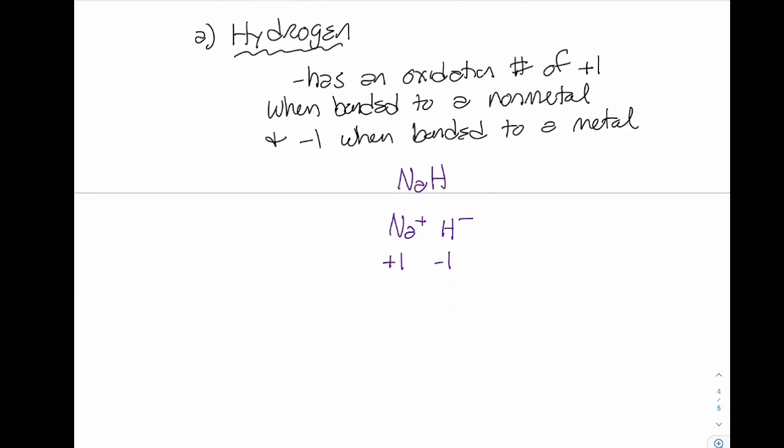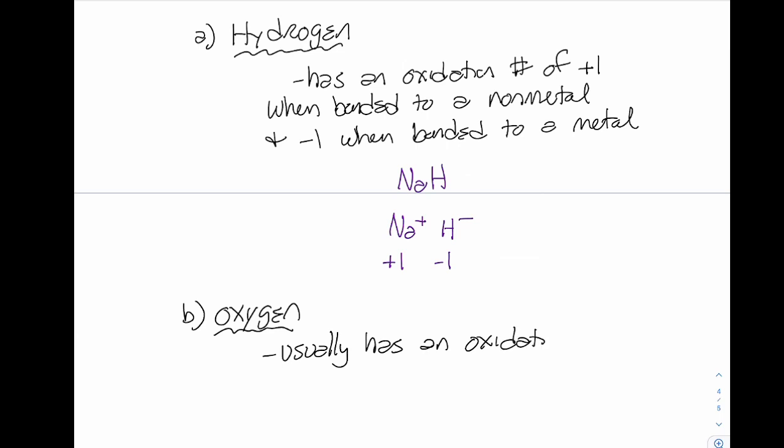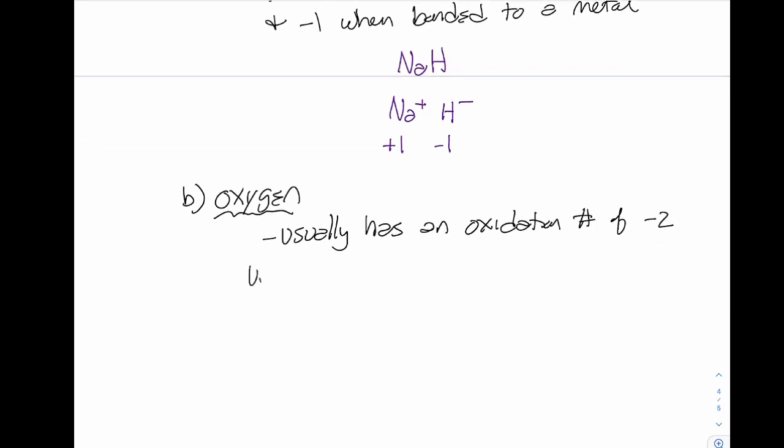We'll come back and do an example of the other one after I give us our next rule, which is oxygen. We'll use water here as our example. So oxygen usually has an oxidation number of -2 unless it's in a peroxide.